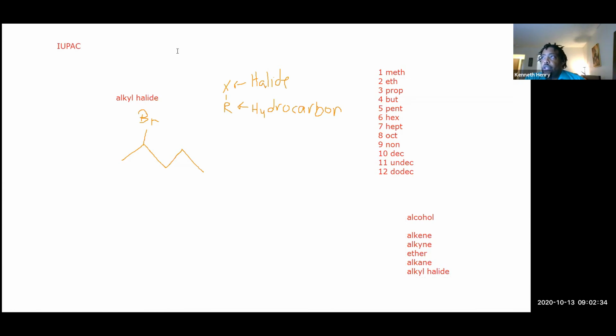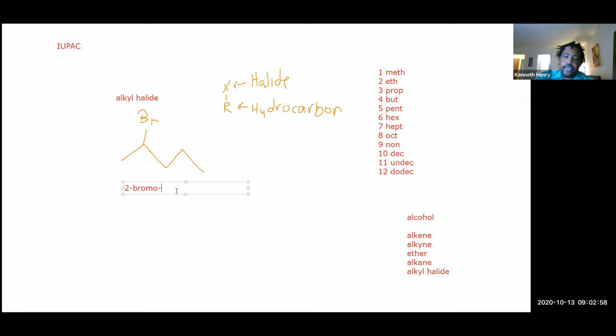So we just tell where they're located and put an O at the end, and we drop the I and E. In the case of bromine, it's bromo. So in this case, 2-bromo, and then our longest chain, 1, 2, 3, 4, 5.